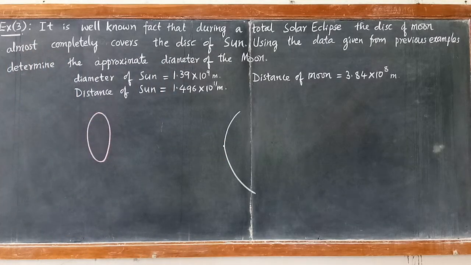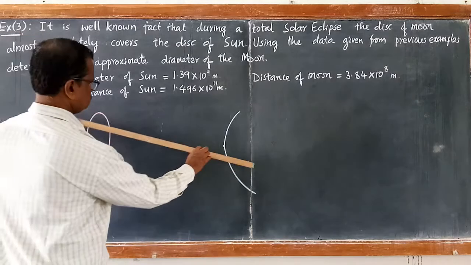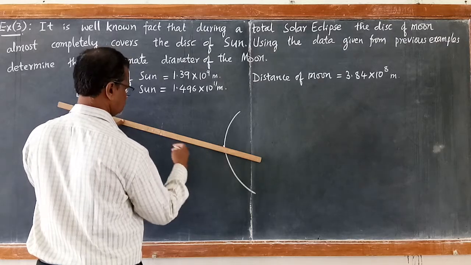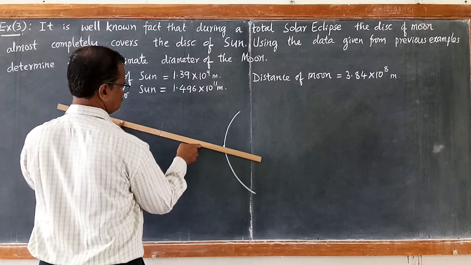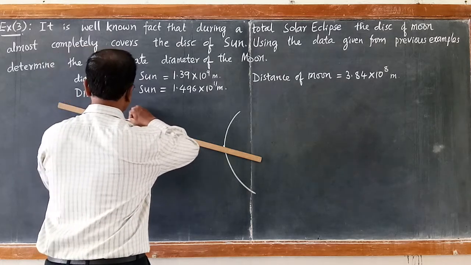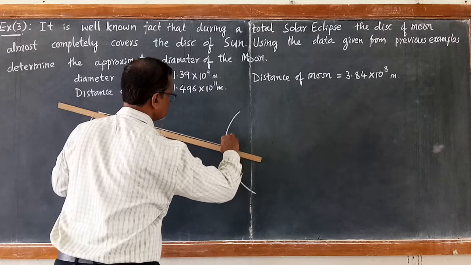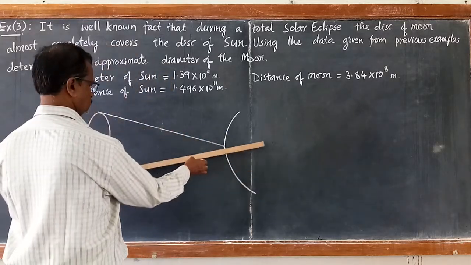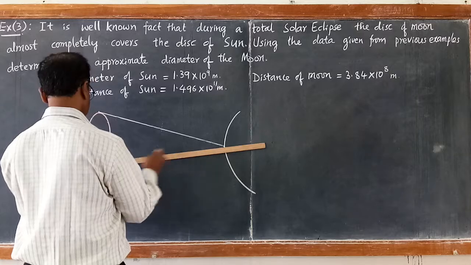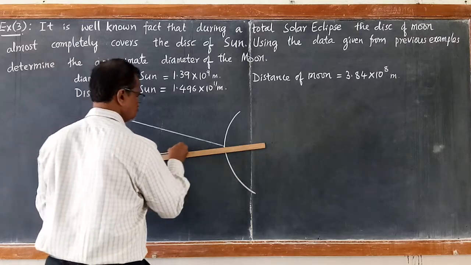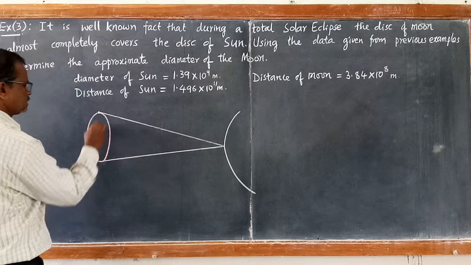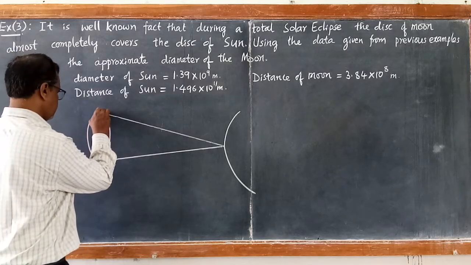So if you join this, these are the two diametrically opposite points.